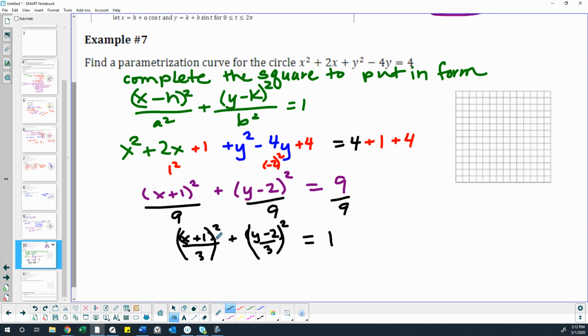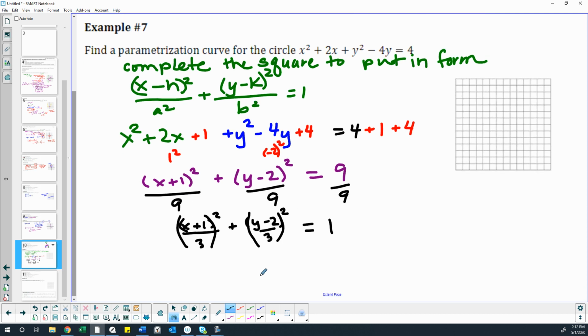But what I'm trying to accomplish here is to replace this whole thing with sine. Oh, actually, that should be cosine because it's x, right? Replace that whole thing with cosine, and we're going to throw a t in there. And replace this whole thing with sine. It's always a sine.